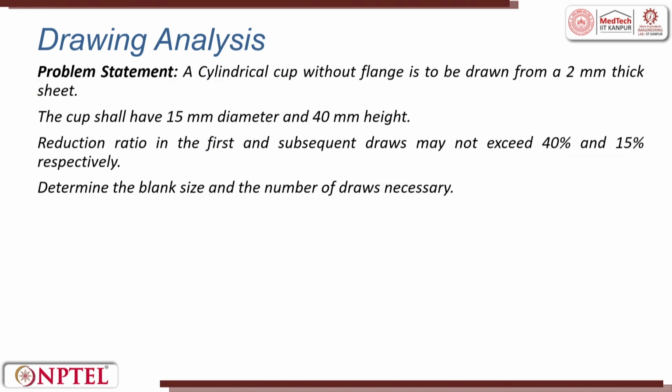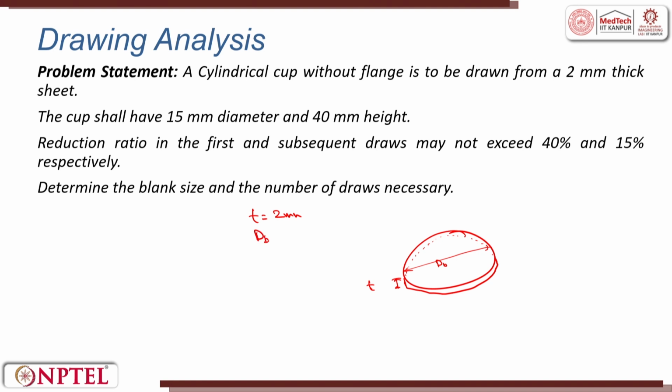Here it is given a cylindrical cup without flange is to be drawn from a 2 mm thick sheet, which means I have been given a blank. If I try to draw it in 2 dimensions, here this thickness T, its diameter is D, T is equal to 2 millimeters, that is given.